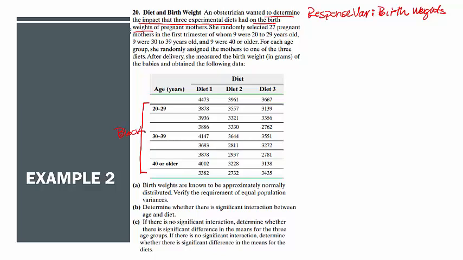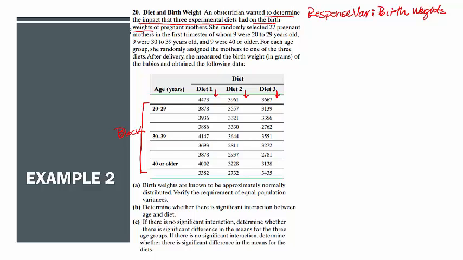We have a block design here. The main explanatory variable is the 3 different diets, but they're experimenting with those diets on mothers of various ages because they have reason to believe that age also affects birth weight. So they take mothers at these 3 different ages and make sure that they have each diet tested within the 3 different age groups.